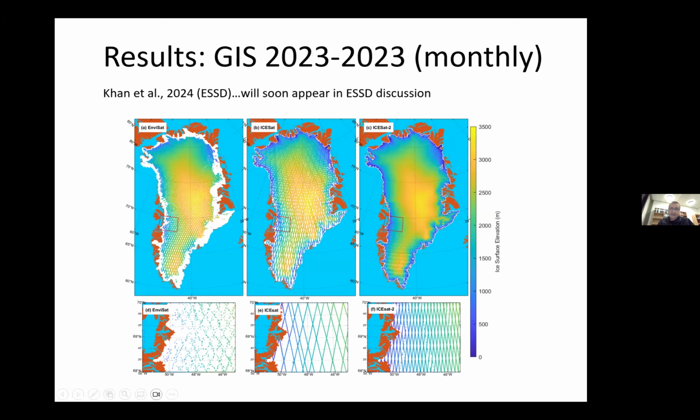And from ICESat and ICESat-2, we have much better coverage along the margin. In addition to this, we also have CryoSat data included in this study.